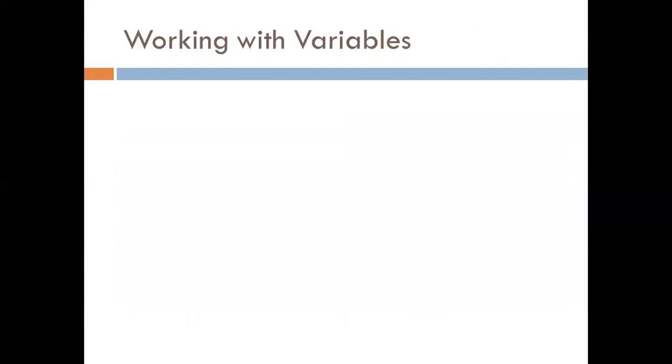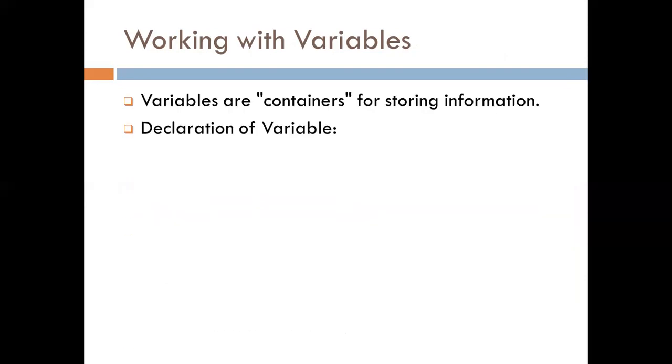Now working with variables. So first of all, what is a variable? Variables are containers for storing information. Declaration of a variable: in PHP, whenever we declare a variable, first we use a dollar sign. After the dollar sign, you specify your variable name, then equals, and assign some value.